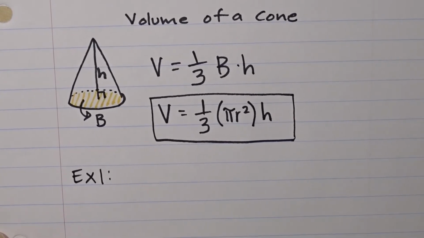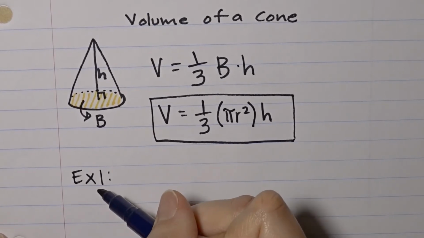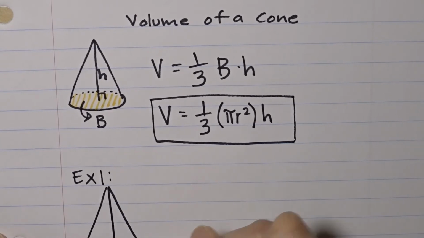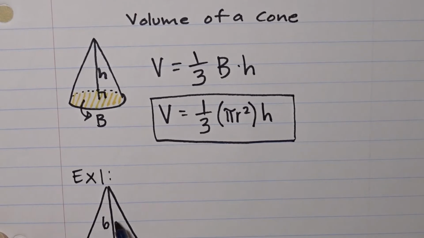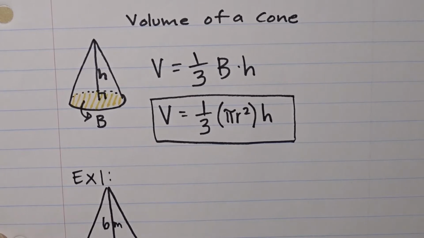We're given a cone, and this cone has a height of 6 meters, and then we have a diameter of 4 meters.